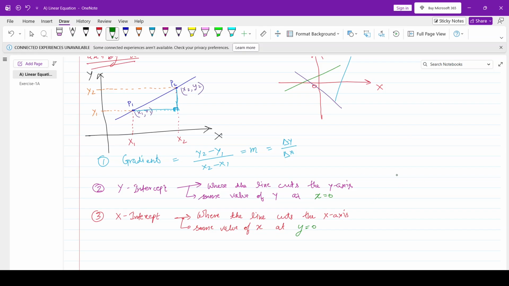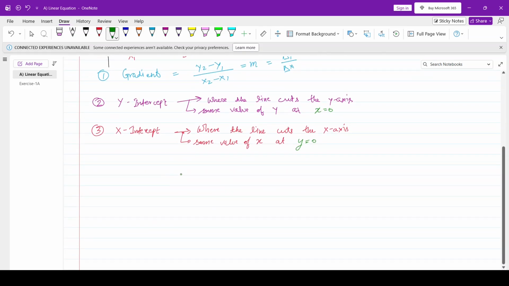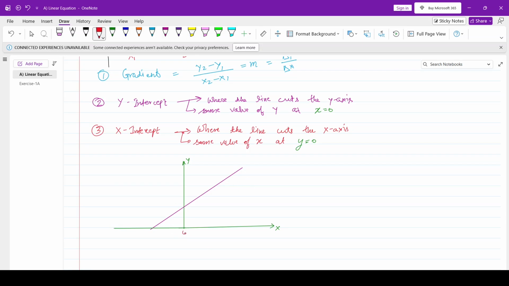Now, for example, if we take the example of this, and we have this line, can we say this is 0? Can we say 1 would be somewhere over here, then 2, then 3, and so on? Can we say that minus 1 would be somewhere over here, then minus 2, then minus 3, and here minus 4?